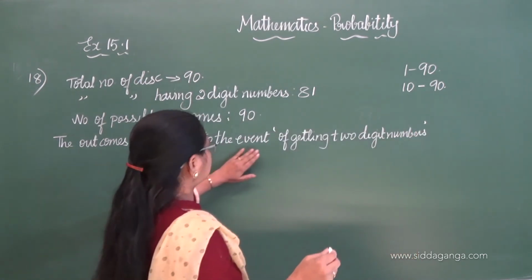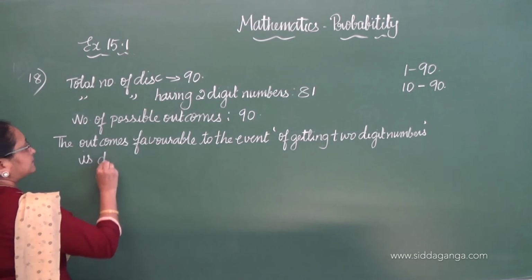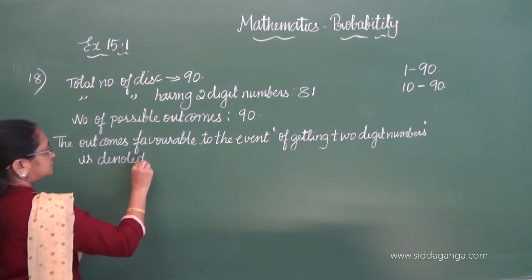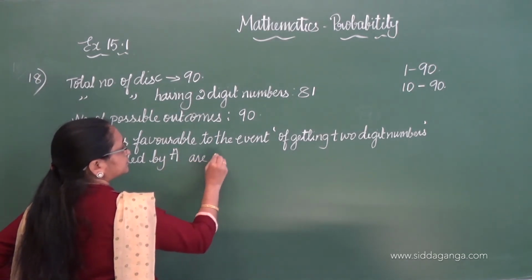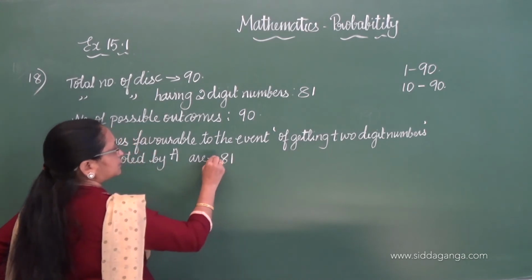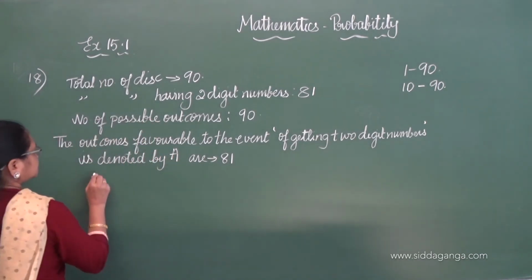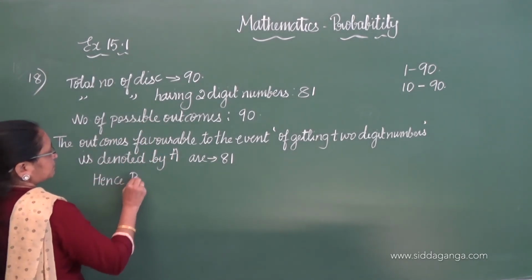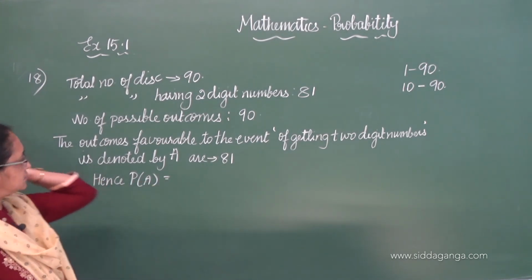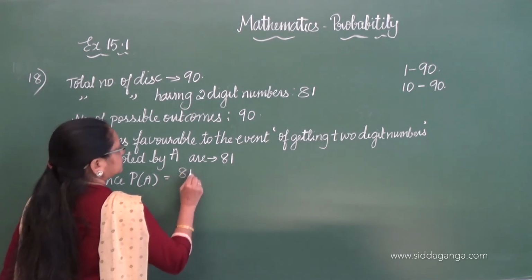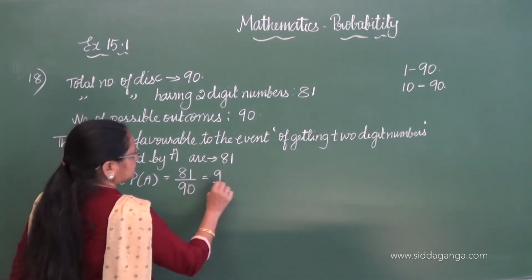The outcomes favorable to the event of getting a 2-digit number, denoted by A, are 81. Then P(A), the probability of getting a 2-digit number, is 81 by 90. 9 nines are 81, 9 tens are 90.